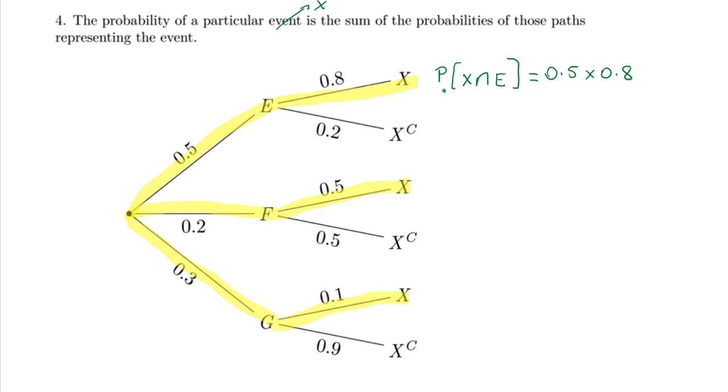Okay. Again, don't be confused. This is the intersection. This is the resulting probability of the path. It's different from this number here. This number here is telling me that E has happened. And here I'm looking forward. If you're sitting here, I'm looking forward to X happening. Okay, they are different. They are not the same.